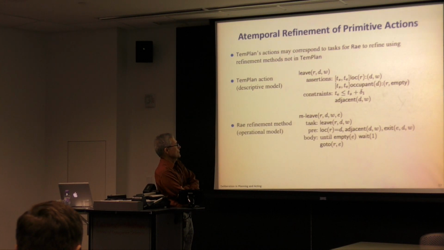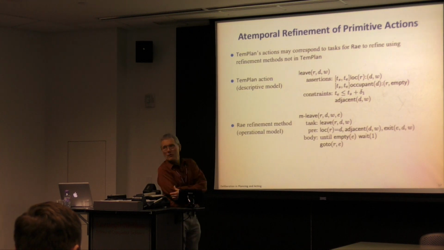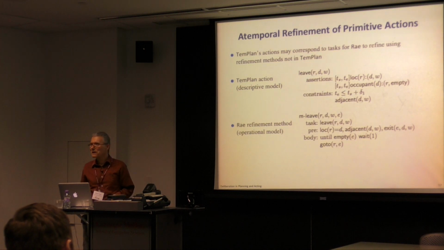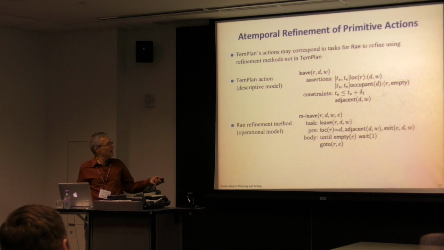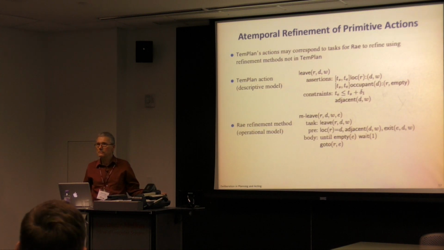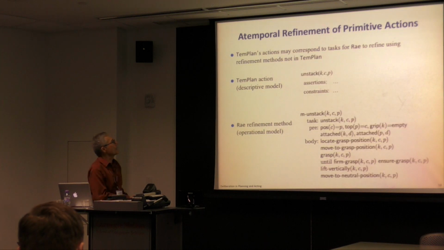Now I don't remember why I had this. Never mind, the details don't matter. This was some of Malik's code, and I should have looked at it more carefully before I started to present it. I apologize about that. I don't think the details matter for what I'm going to do. The point is that this can decompose into something that involves a bunch more steps, even though it looked like a single step up here. Okay? All right.